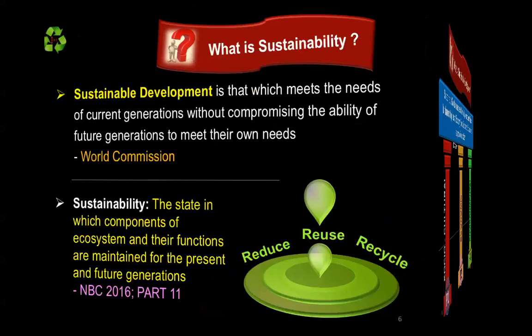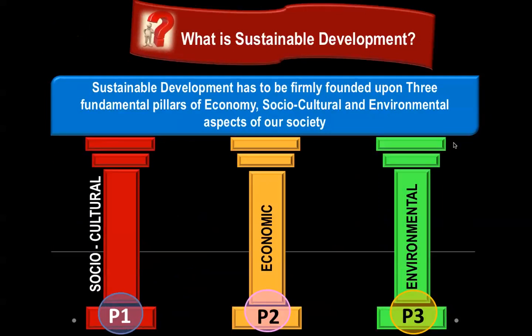Now, we understood what is sustainability and what is sustainable development. Sustainable development has to be firmly founded upon three fundamental pillars: the economic, socio-cultural, and environmental aspects of our society.